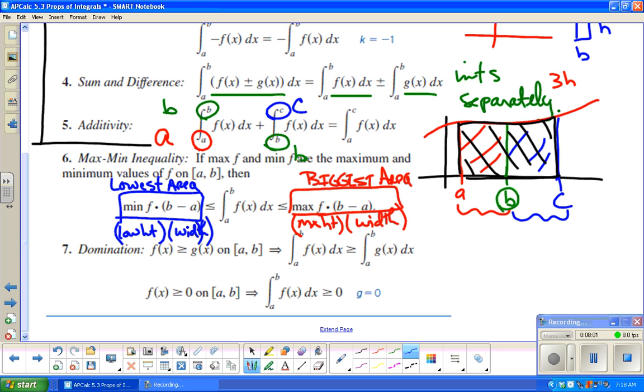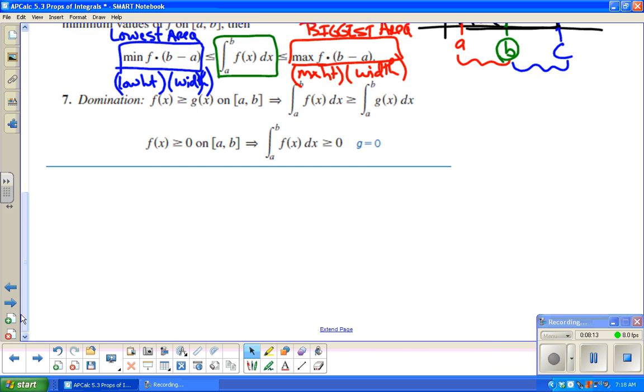If I take the maximum height, the maximum of the function, times the width, this gives me the biggest area. Basically the idea is the true area between a curve and the x-axis has to be between those two.